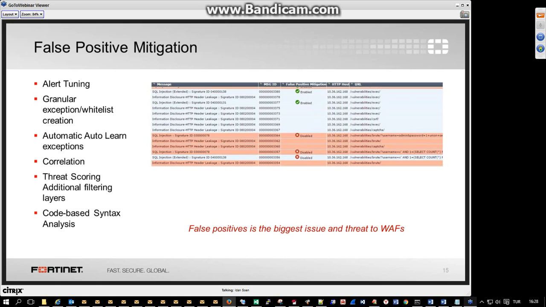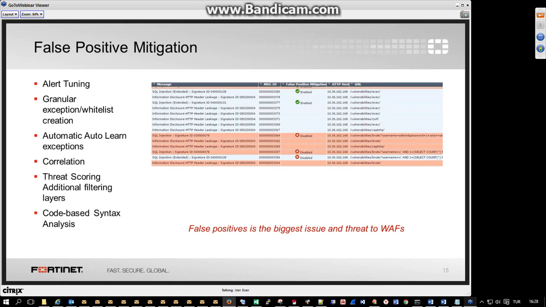And what happens is that security is being reduced completely, because exceptions and whitelists are being added all the time, and signatures are being disabled.